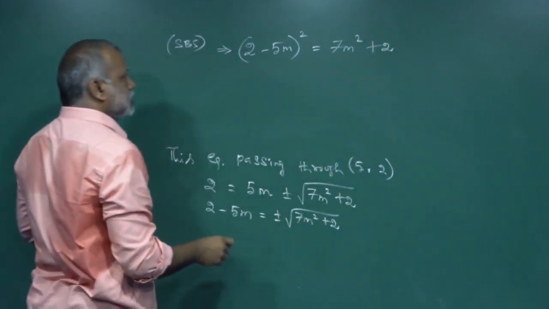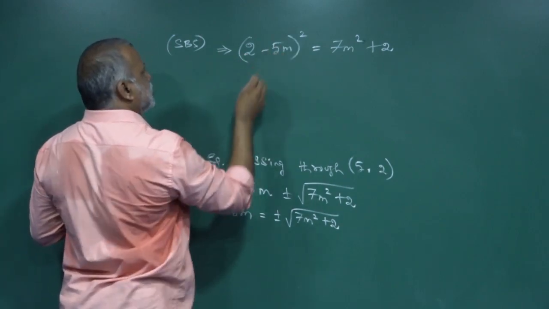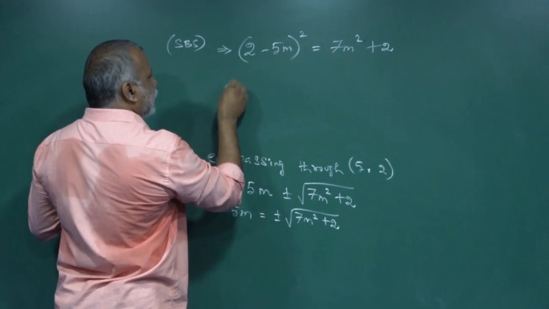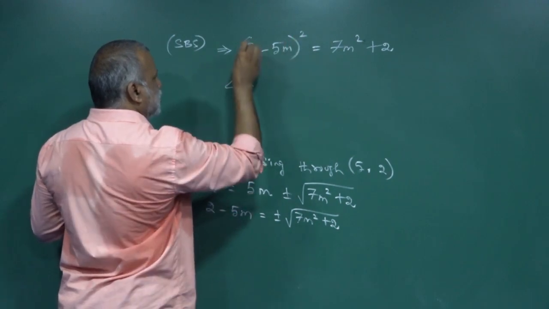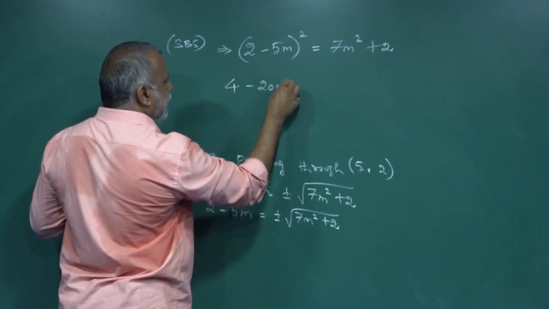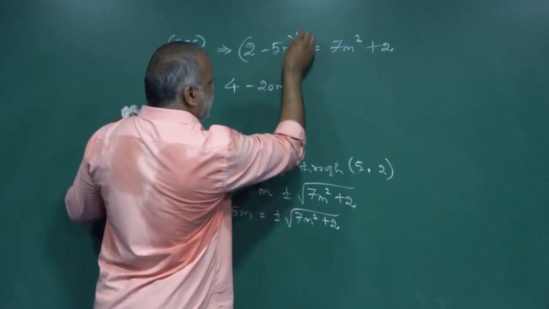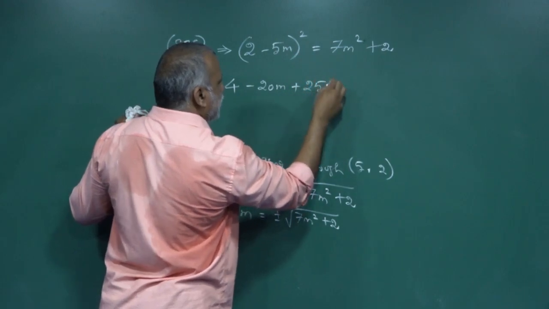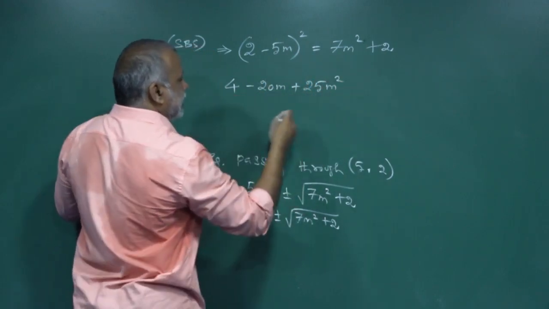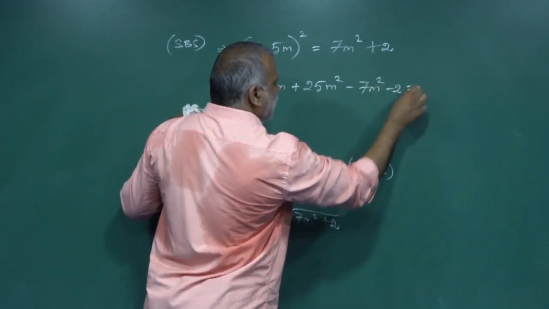Now it is in the form of a minus b whole square. Expand this: 2 squared is 4, minus 2ab, 2 into 2 is 4, 4 into 5 is 20m, plus 5m whole square means 25m squared. Then convert to the same side: minus 7m squared minus 2 equal to 0.